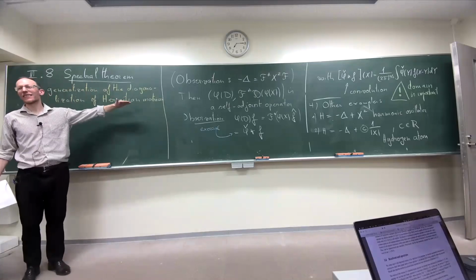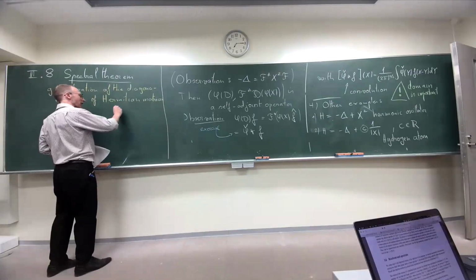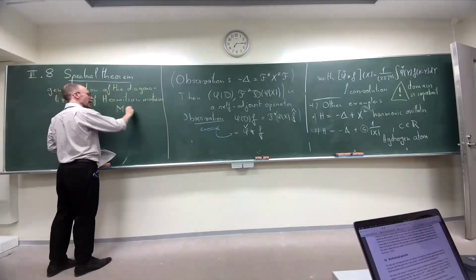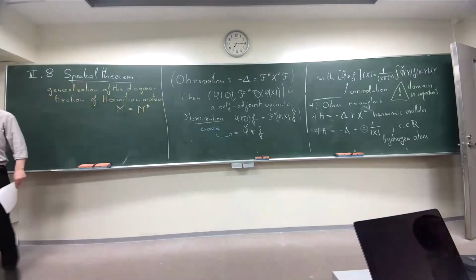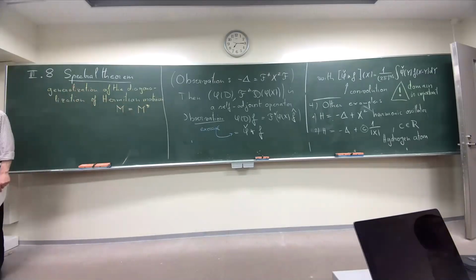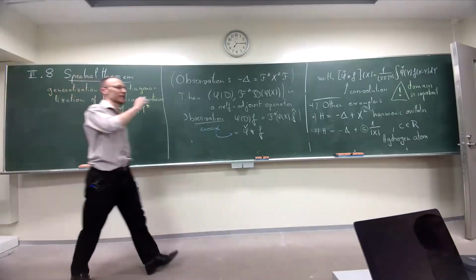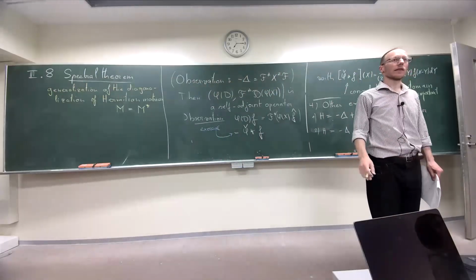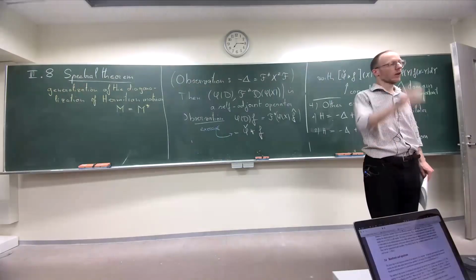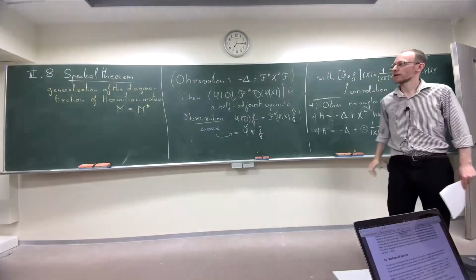A Hermitian matrix is a matrix which satisfies, let me call it M, M is equal to M star. In this case, the star is complex conjugate transpose. So we know that for such matrices, there exists a change of basis such that these matrices become diagonal, and you have the eigenvalues on the diagonal.